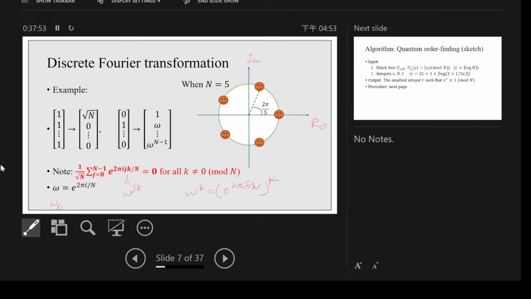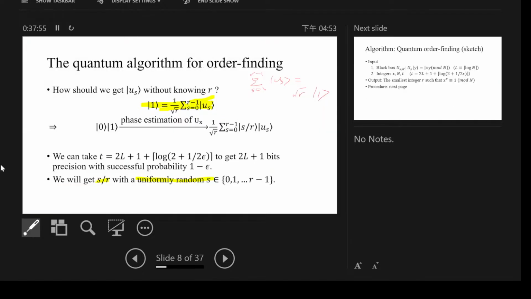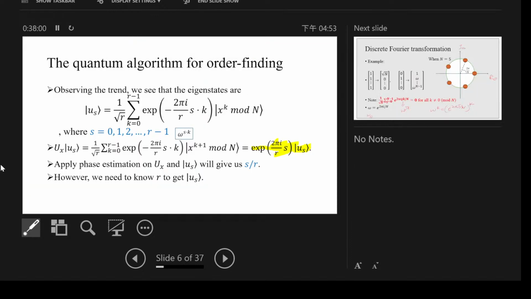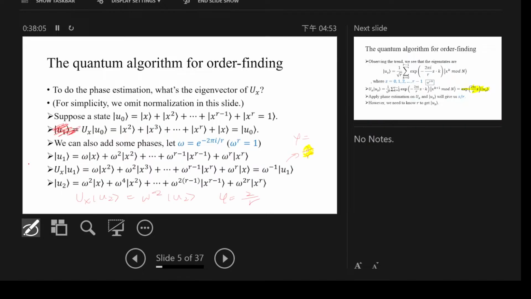So the big idea is you want to do order finding on these states, a superposition of the so-called orbit of x, which is a nice name for a pretty easy concept. Orbit of x in terms of group theory is just you keep applying the multiplication over and over and see where x goes.